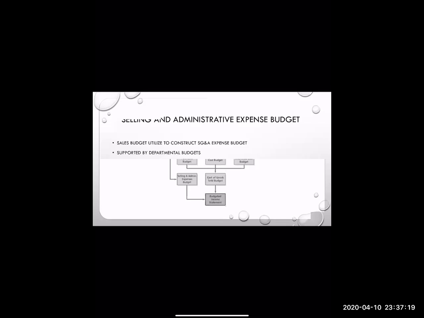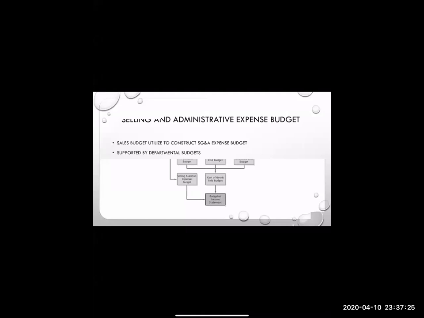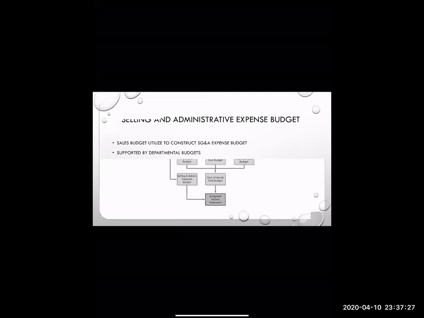You have the marketing team and packaging. All of that is part of the selling and administration expense. And so it's really based on how many units are expected to be sold.